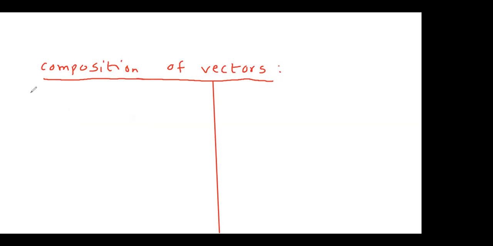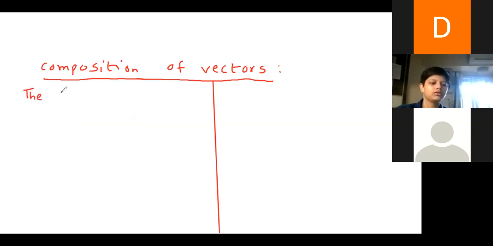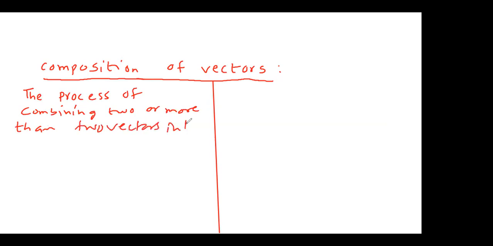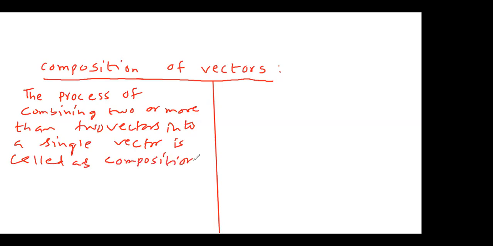What is composition of vectors? Combining. The process of combining two or more than two vectors into a single vector is called as composition of vectors.